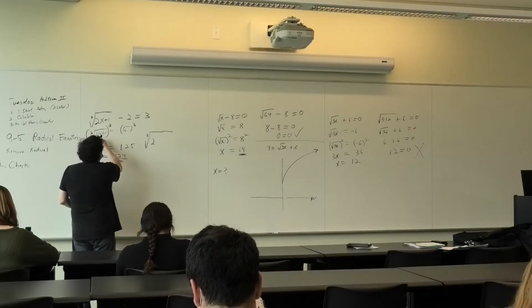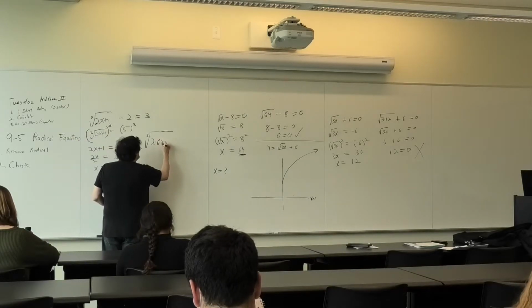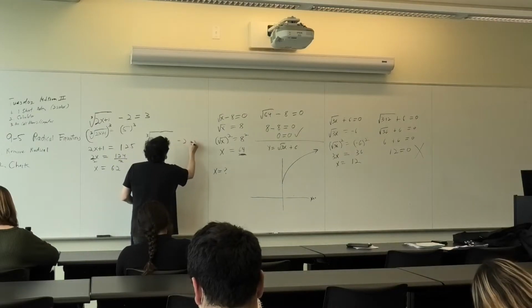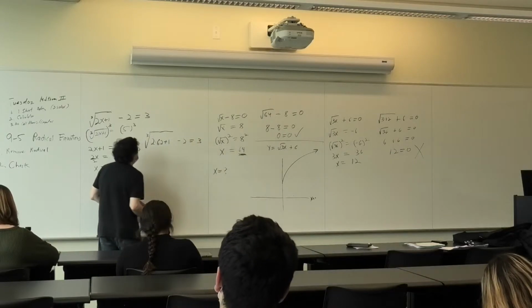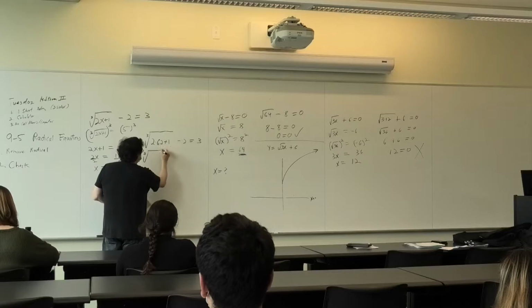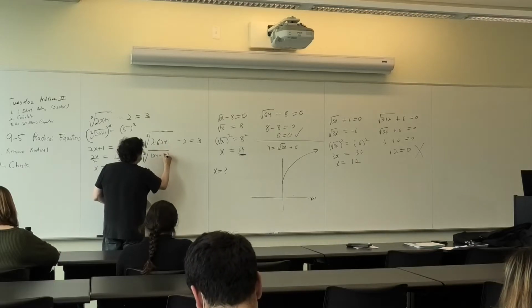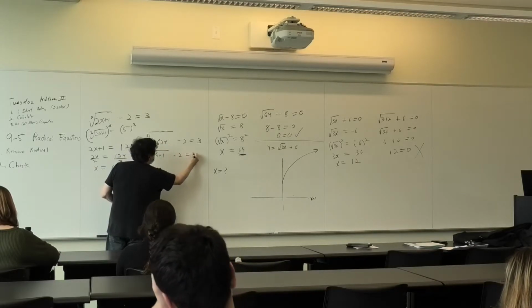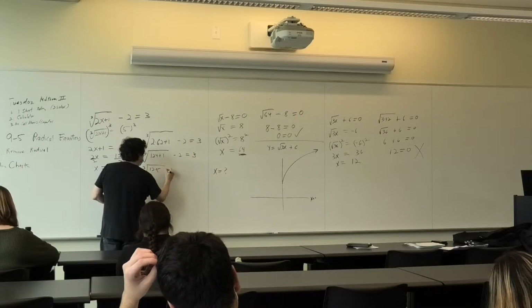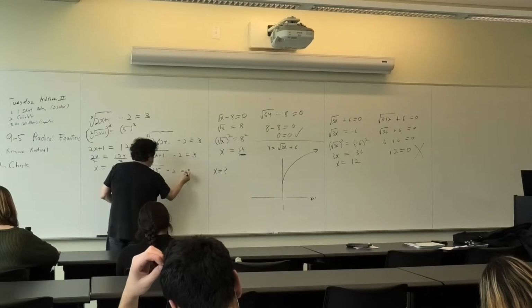Okay, so 2 times 62 plus 1 minus 2 equals 3. Right? Cube root of 124 plus 1 minus 2 equals 3. Cube root of 125 minus 2 equals 3.